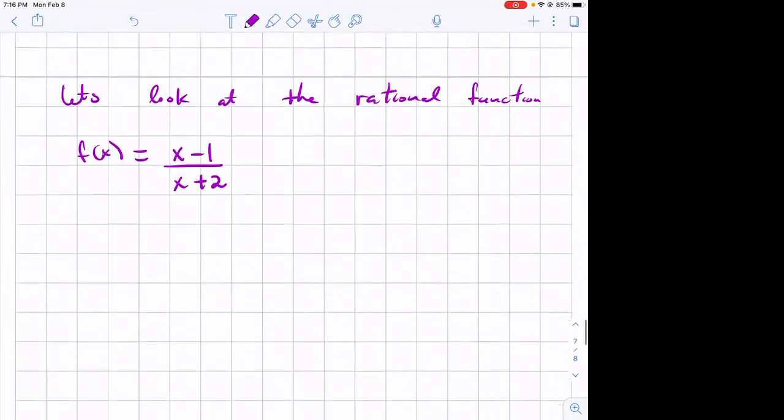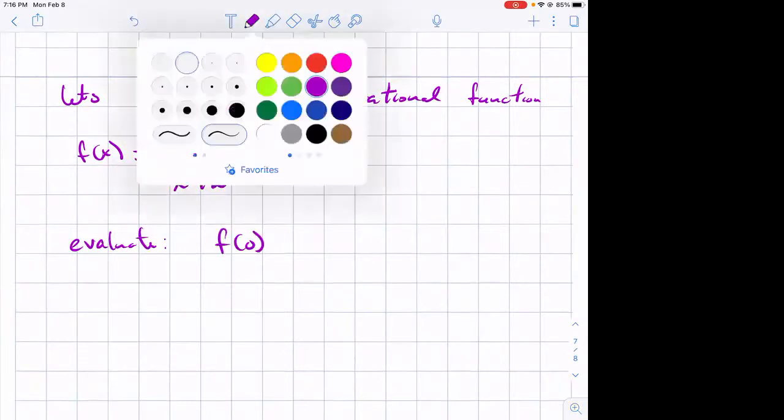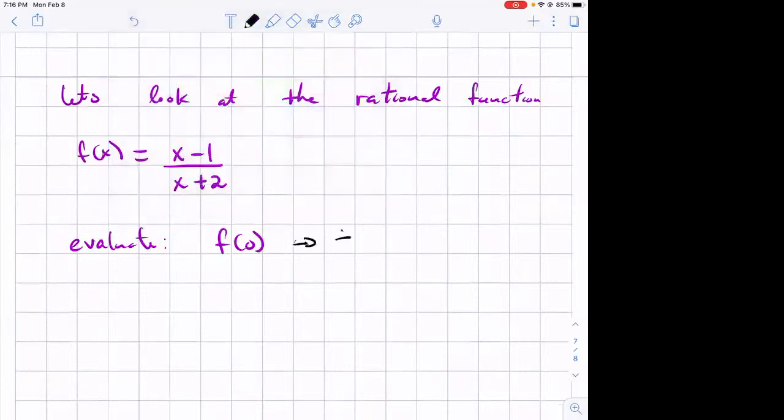And if I ask you to evaluate or to find f of 0, what this means is to replace x with 0.